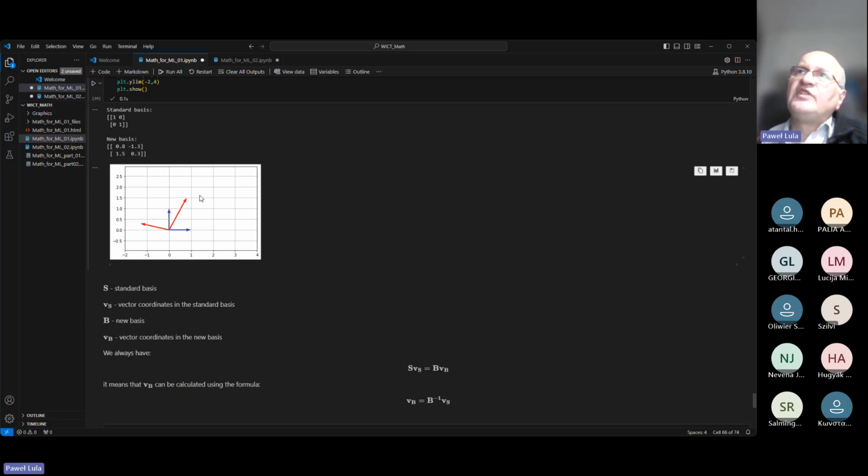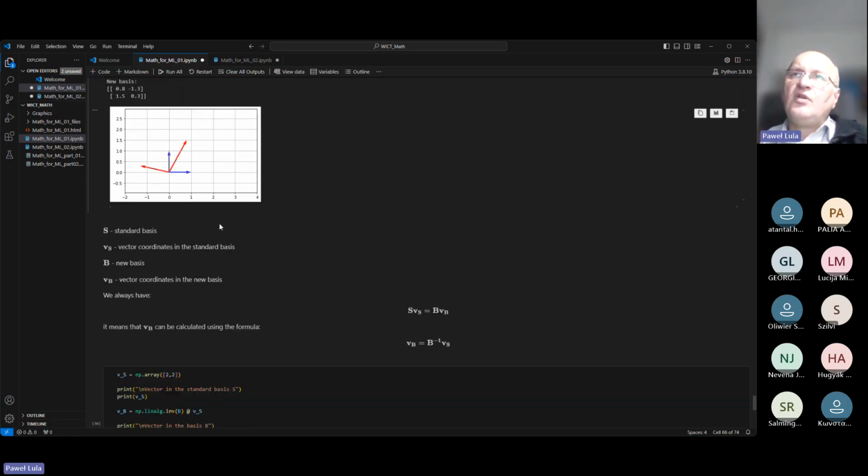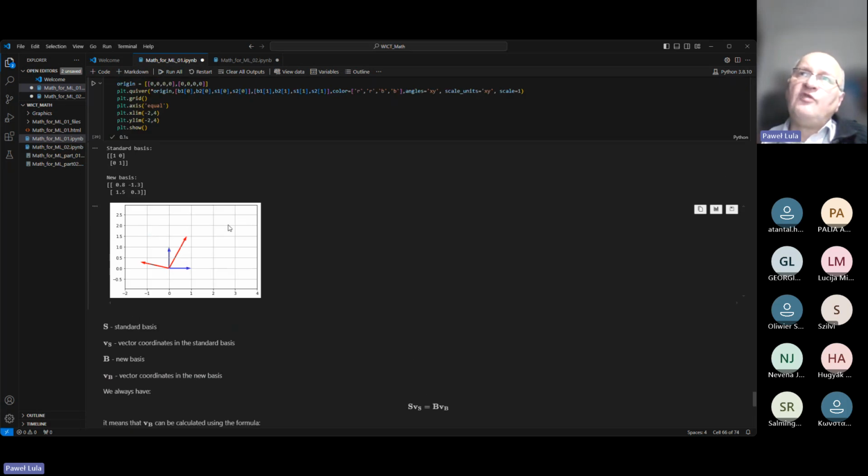So this vector which should be drawn here is a vector which we have in this standard basis. And I'm asking you about the position of this vector in this new basis.